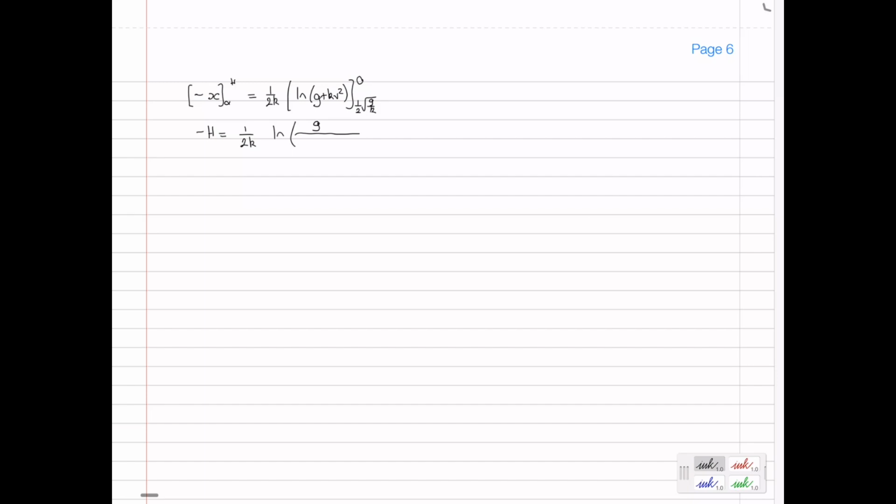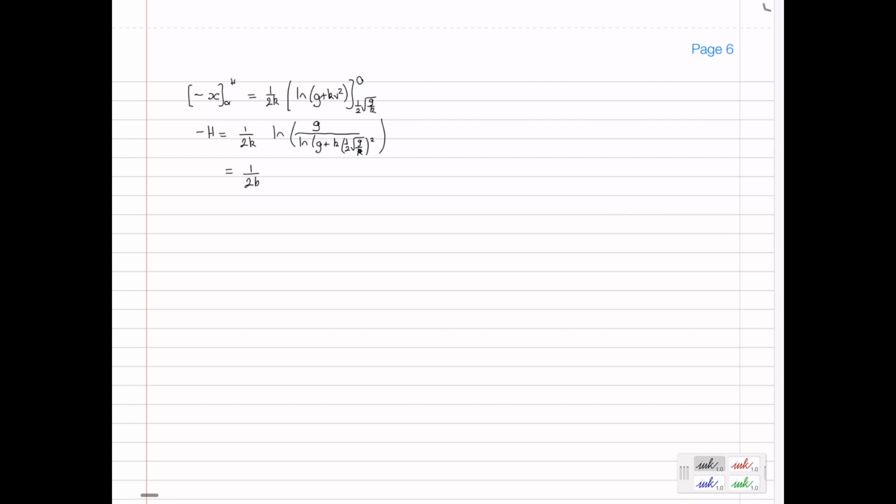So for the 1/2 root g on k, if I sub that in, that gives g plus k times 1/2 root g on k all squared. So hopefully that's not too small or too messy. That's a k there. Okay, that probably made it a bit messy, but never mind.